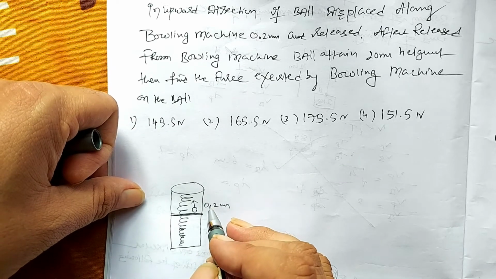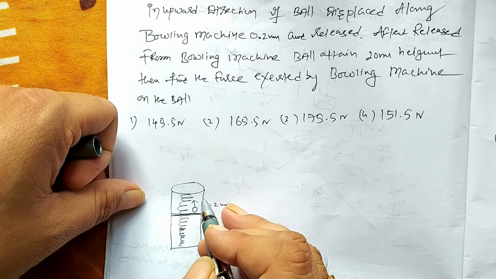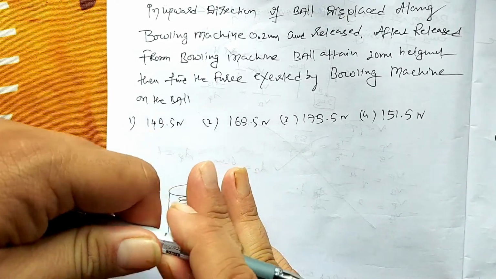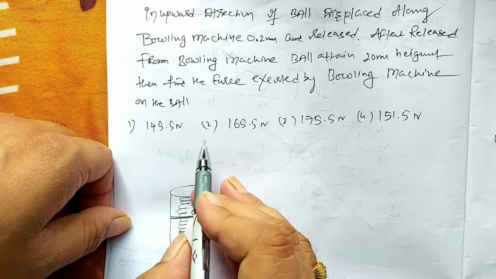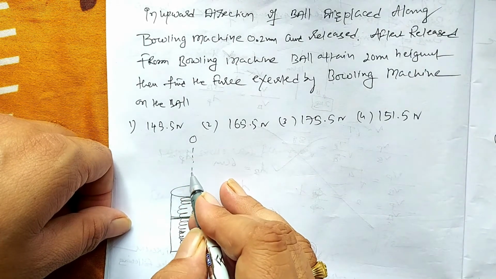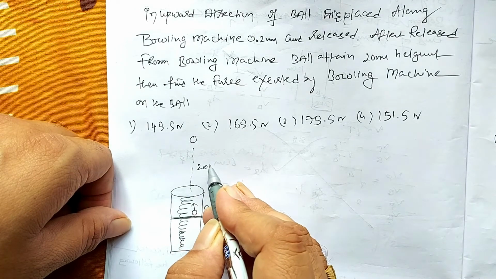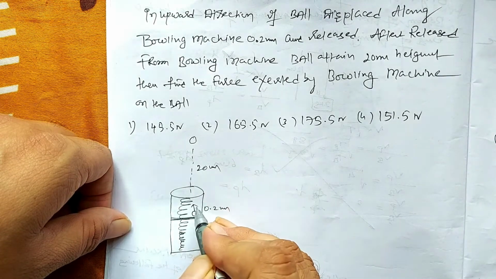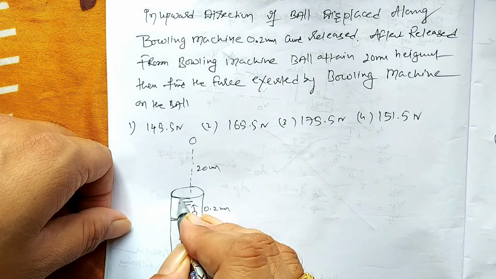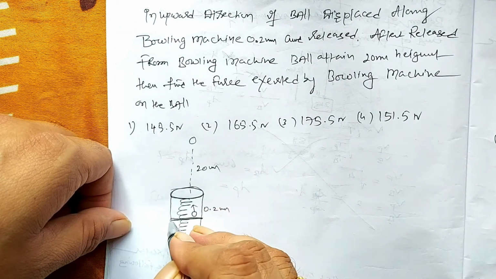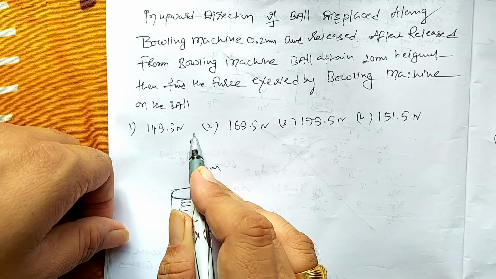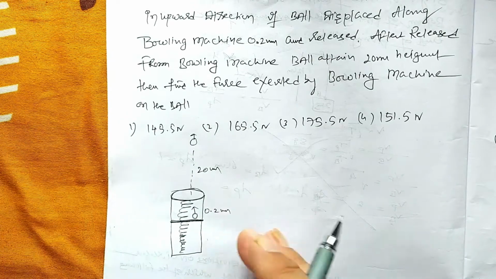The ball attains a height of 20 meters. Ball is compressed from this point to this point, 0.2 meters, and released. The ball attains height 20 meters.